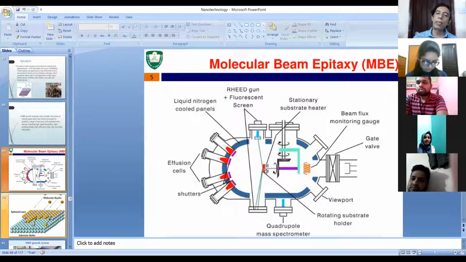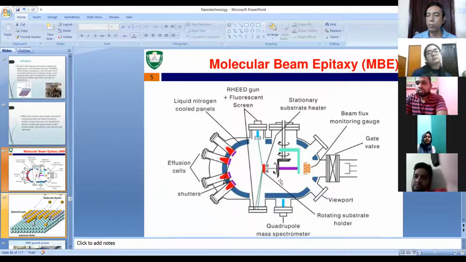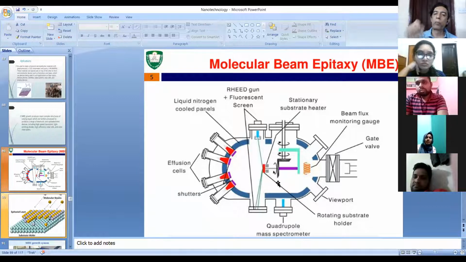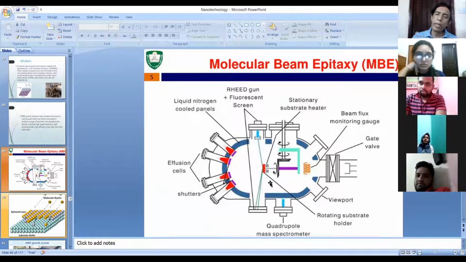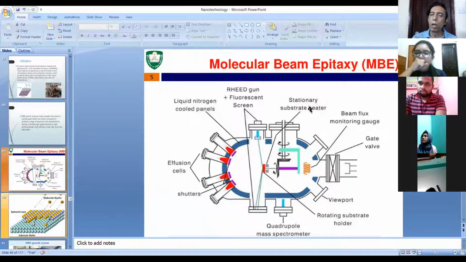This way you can characterize the film also, and there is a mass spectrometer also here. By this mass spectrometer, you can characterize the mass of the compounds of the thin film also. So it is a very simple working principle, but a very costly instrument.